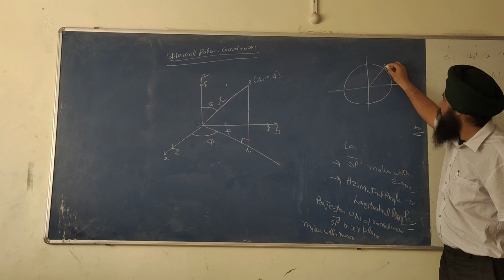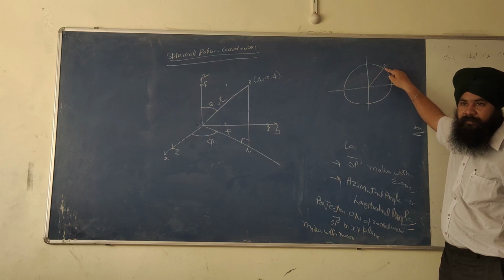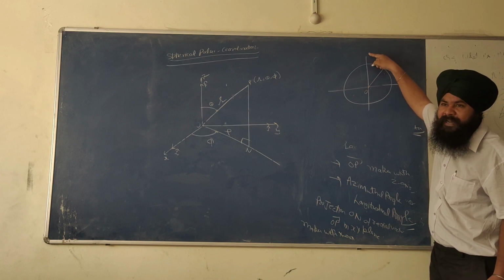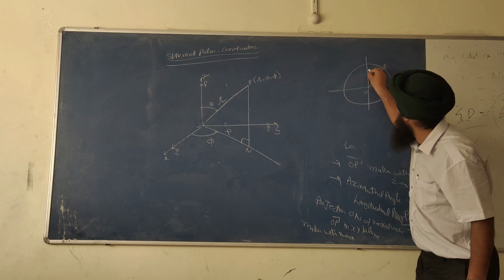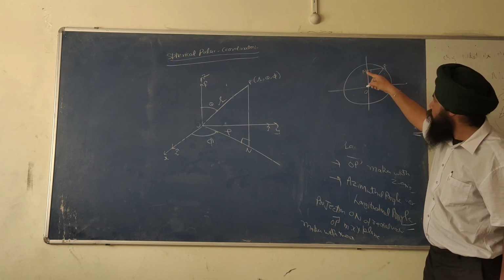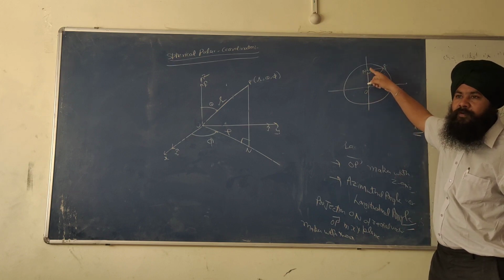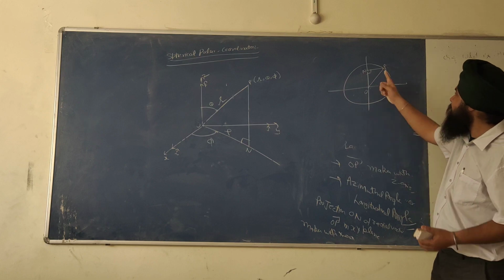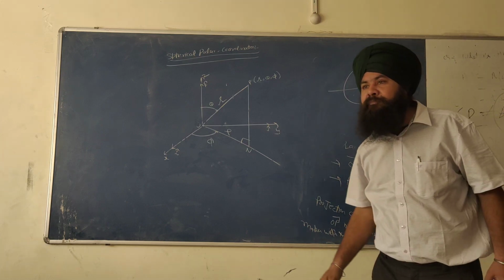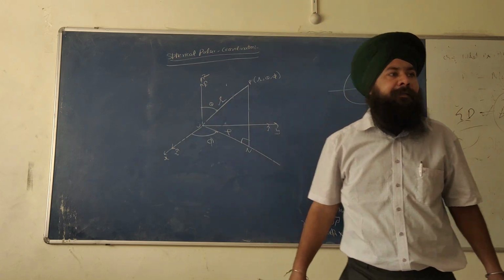Now I want to calculate the projection of this OP on the y-axis. What I will do? I will drop a perpendicular. So this is N. So ON is the projection of OP. Or we can say N is the projection of point P.